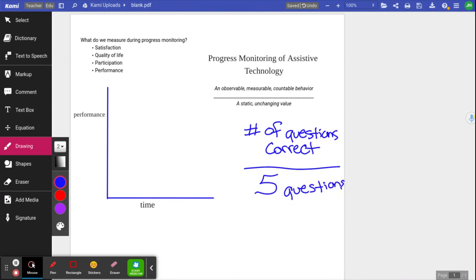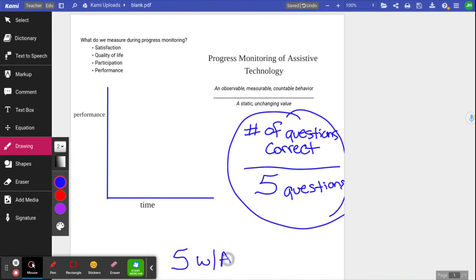Okay, so this is 1 data point right here. And remember, you will have 5 trials with AT, 1 without AT.